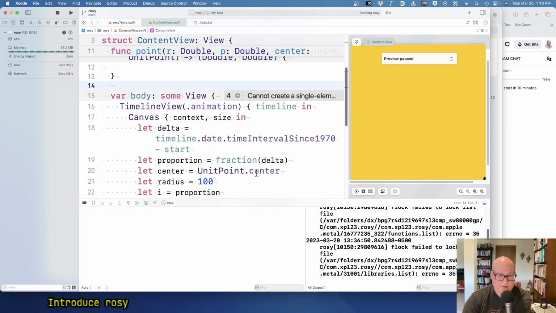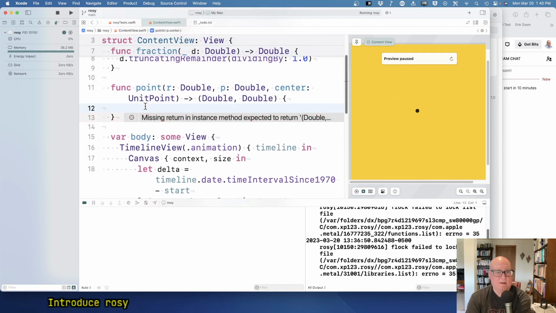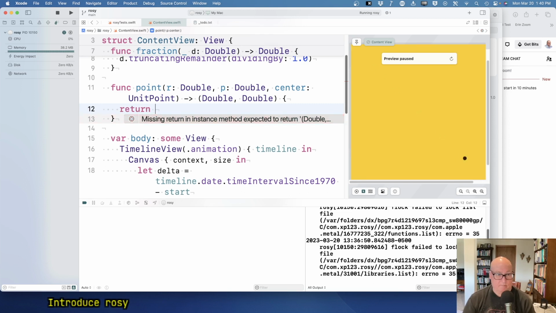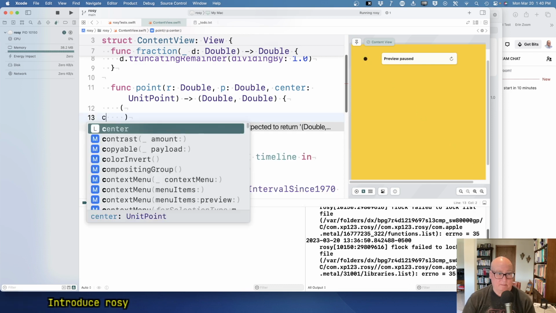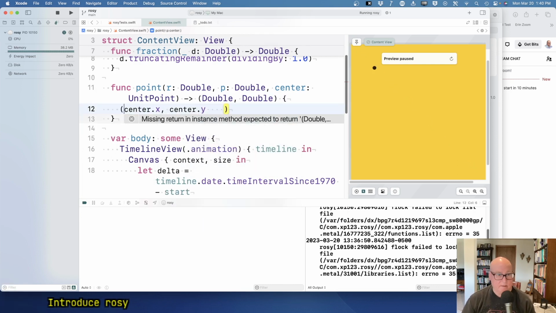I'm trying to save that translation out from unit points back to later on. Okay. Let's just return center dot X, center dot Y. Okay.